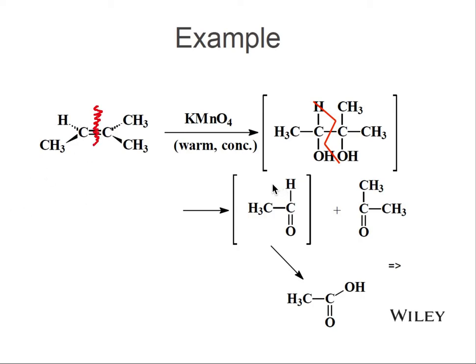The only difference here is that by using warm potassium permanganate, we're never going to get aldehydes. We're always going to go all the way to the carboxylic acid. So we're only going to get carboxylic acids in this type of cleavage. We can get ketones and carboxylic acids, but we won't get aldehydes.